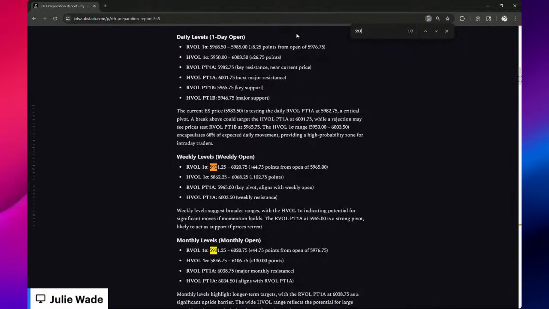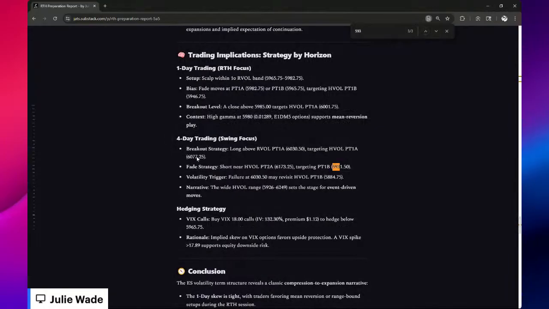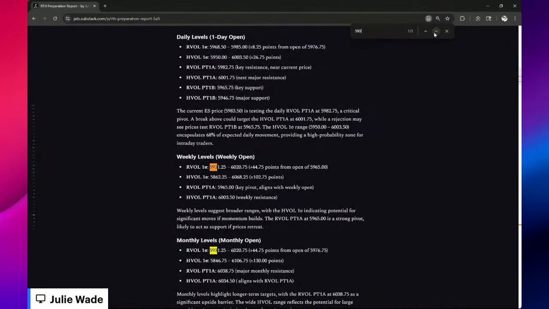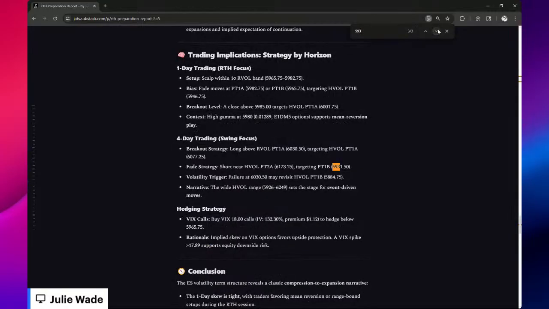And that was even a fade strategy. Let me go back up and look at that. Yep, we hit it. 59.31.50. Got it on the weekly and the open monthly.